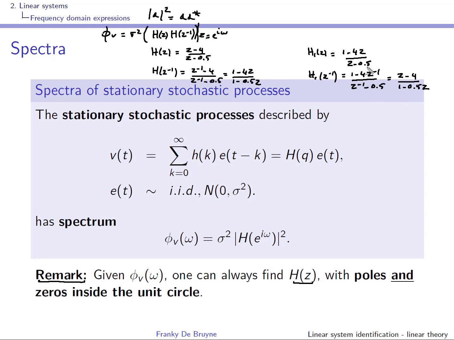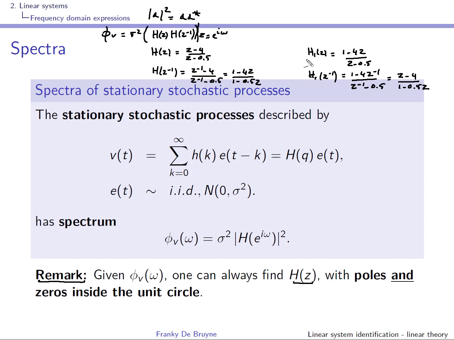So to compute the spectrum, if we take H1 of z times H1 of z minus 1, we have exactly the same thing as with H of z times H of z minus 1. We'll generate exactly the same spectrum.